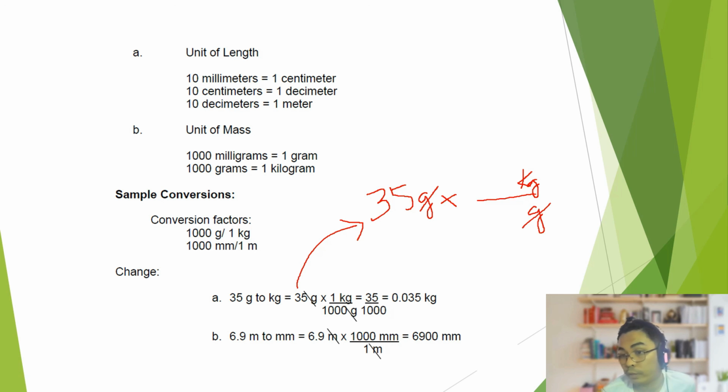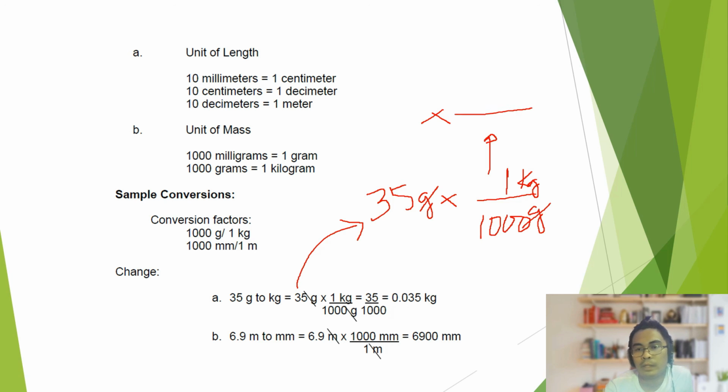Let's say pwede din, di ba, na sabihin natin na 1 kilogram is equal to 1,000 gram.